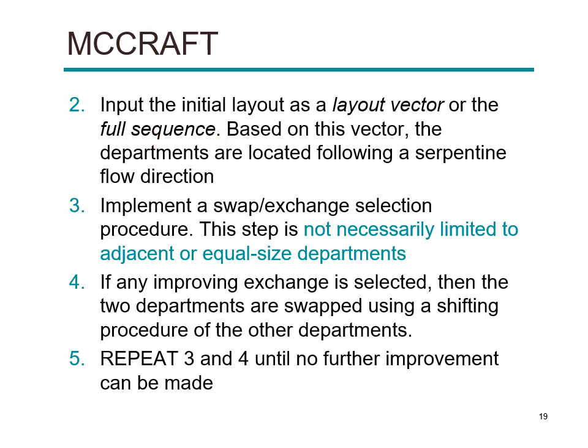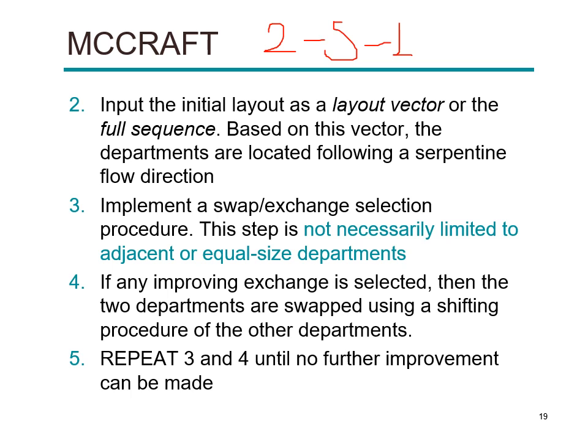In the second step, you can input the initial layout as a layout vector. So you can give exactly the layout to MCCraft if you like, or you can just give the sequence of departments, like in the previous example, 2, 5. You give this sequence, and it finds the corresponding layout.